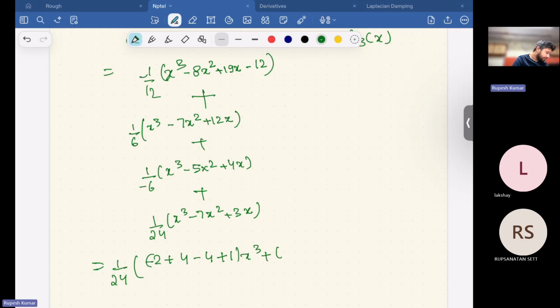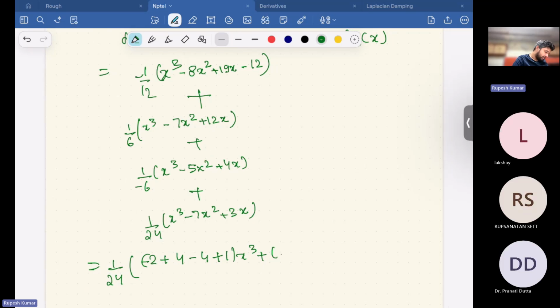So you'll get 12 over 24. Minus plus 16 plus, again minus plus, minus 7 for the 28, then minus plus 5 for the 20, plus minus 28 into x squared.